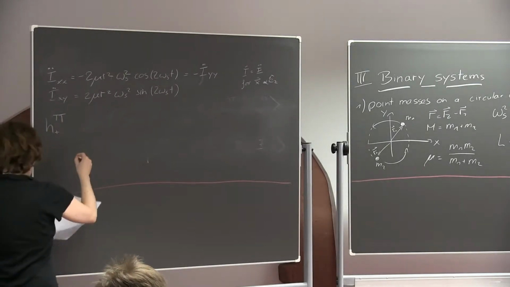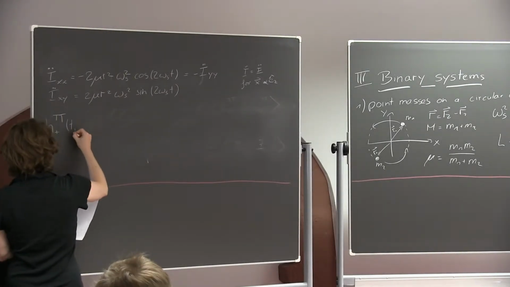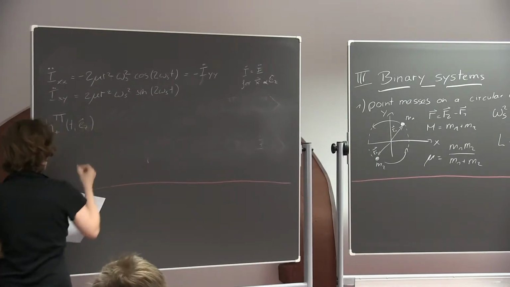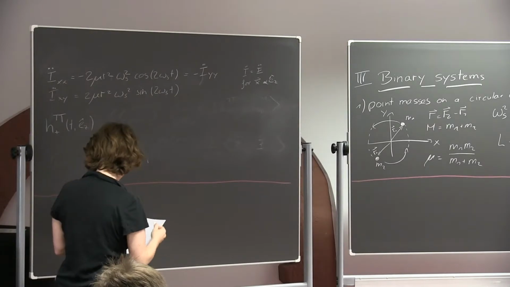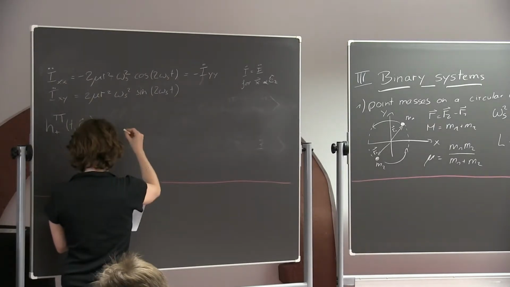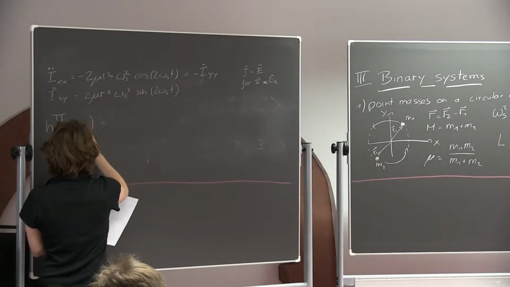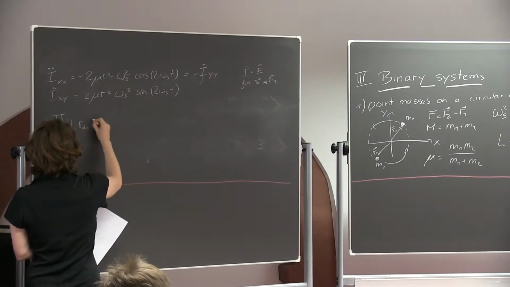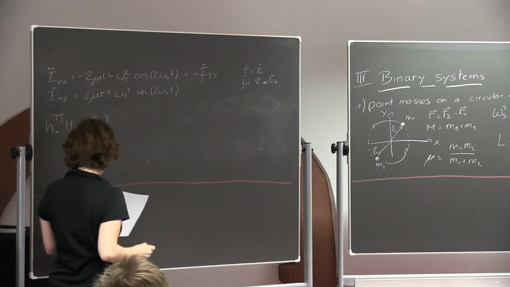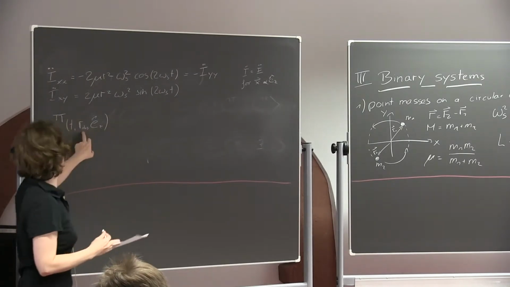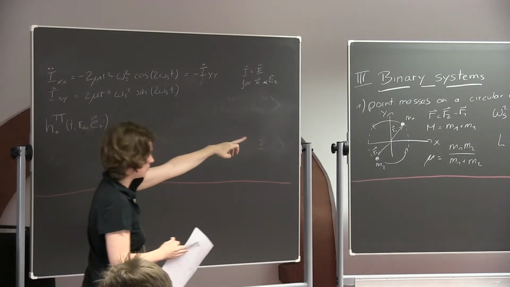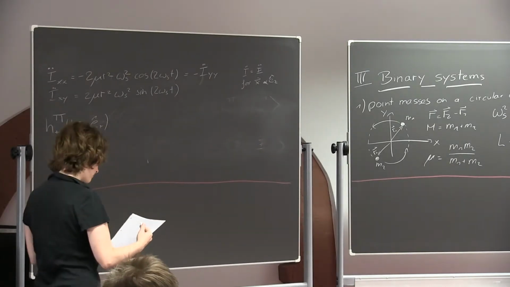In transverse traceless gauge, we're looking at some time t and at some distance along the z-axis. This is now the distance from the source to the observer, not to be confused with the other r, which was the distance just between the sources.